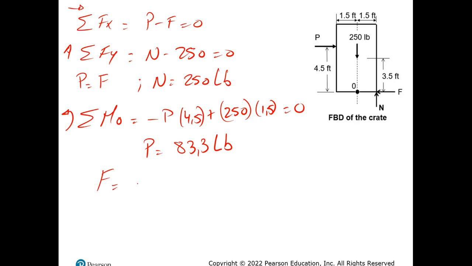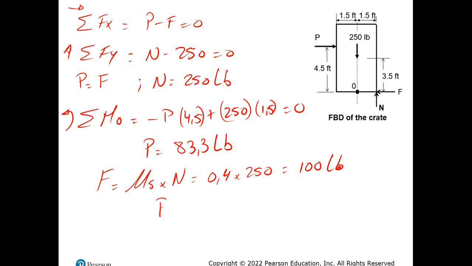So all we need to do now is check for the maximum force, and we know that the maximum frictional force will be equal to mu S times the normal force. So if I multiply 0.4 times 250, I will get 100 pounds.